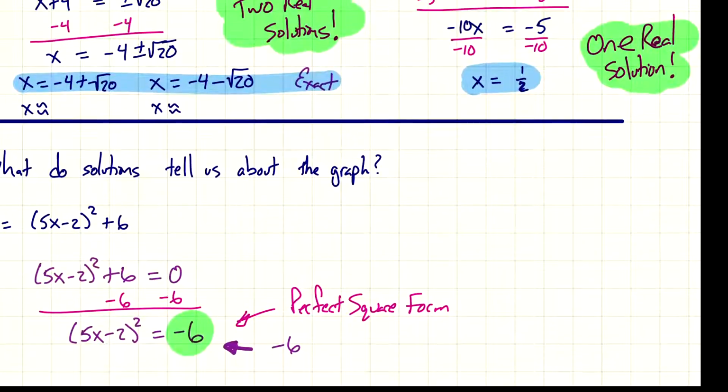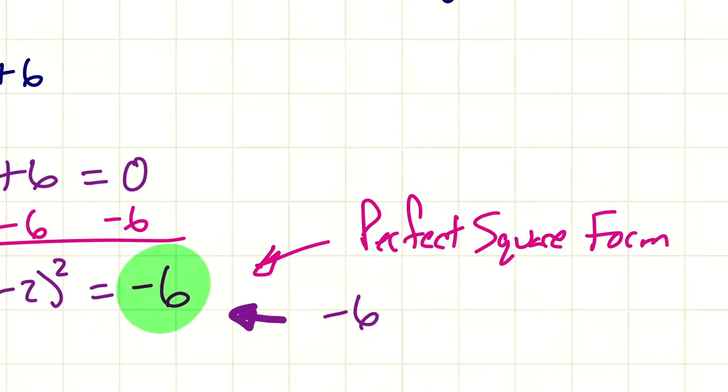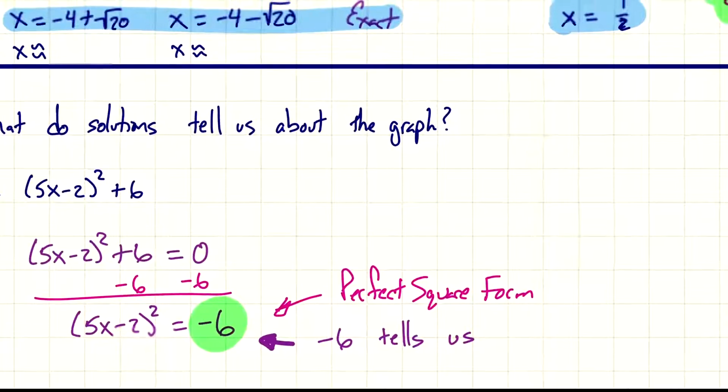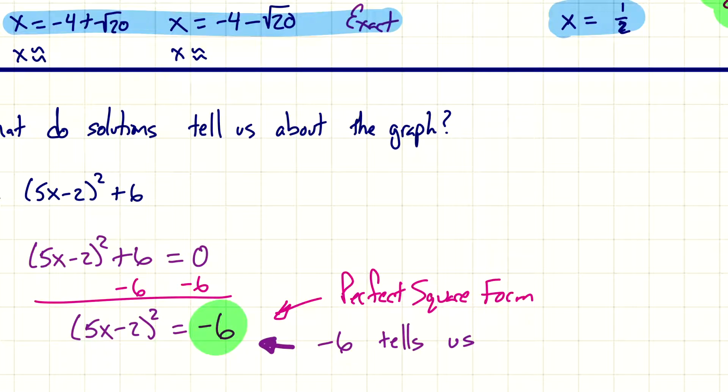So when I go back to this problem, let me write it out here: no real solutions. Even if we tried to solve this, we would end up with no real solutions. Doesn't mean we can't get 2 answers, because we'll get 2 answers, but they're not going to be real answers. They're going to have a negative in the square root, which is not good.